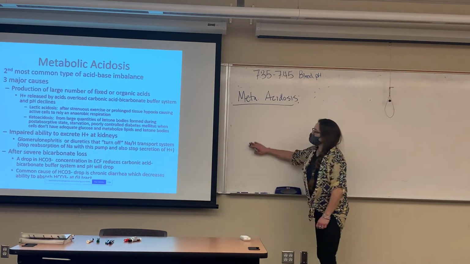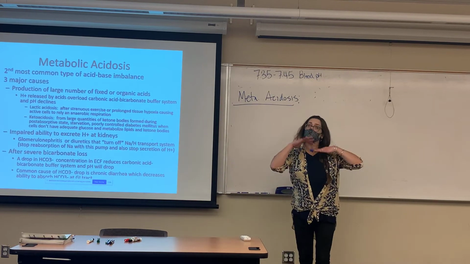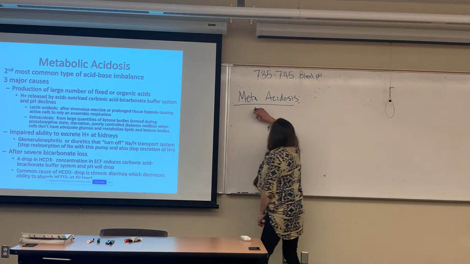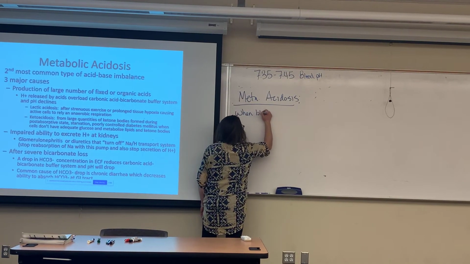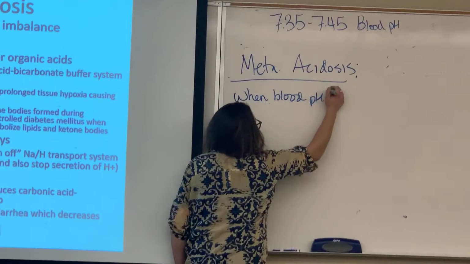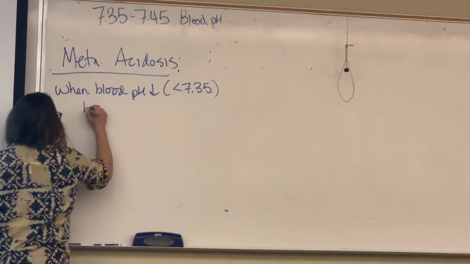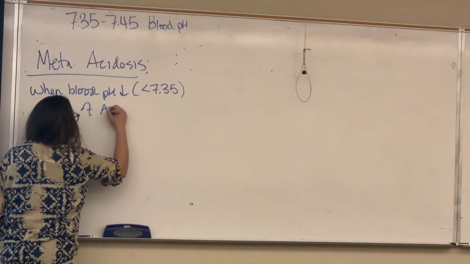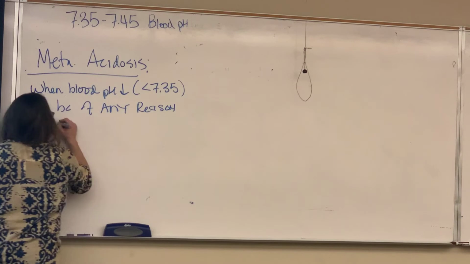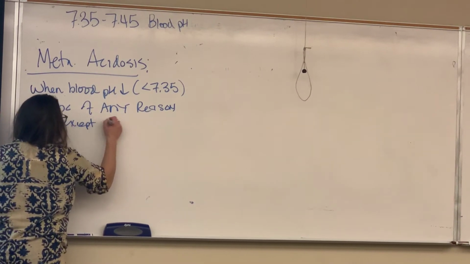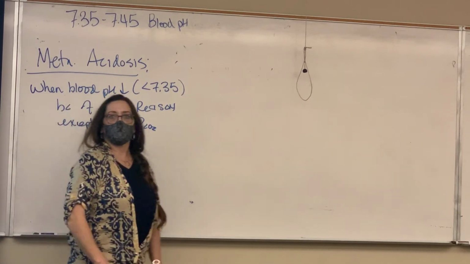Now, metabolic acidosis. We'll look at the three major causes of it, but where I first start is I say metabolic acidosis is when your blood pH drops, less than 7.35, because of any reason except for high CO2 levels, okay?